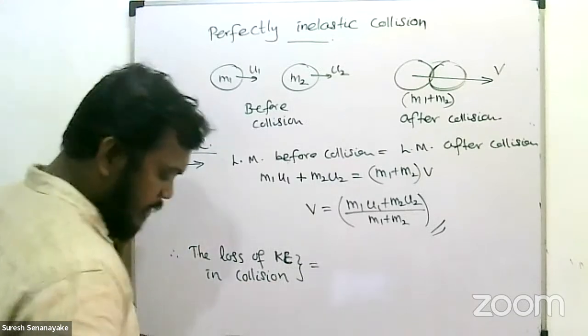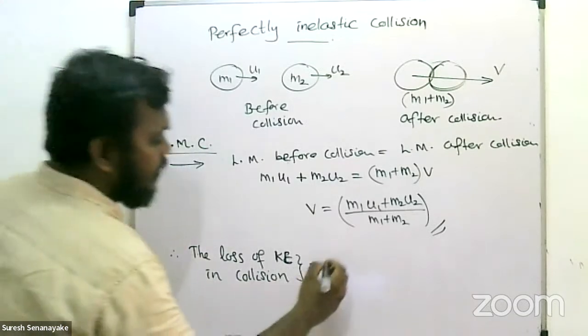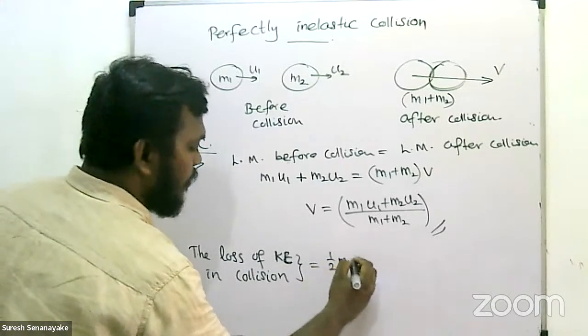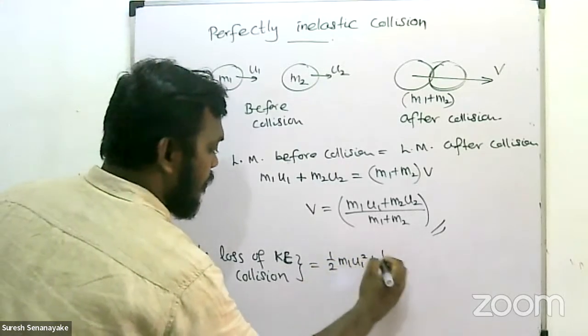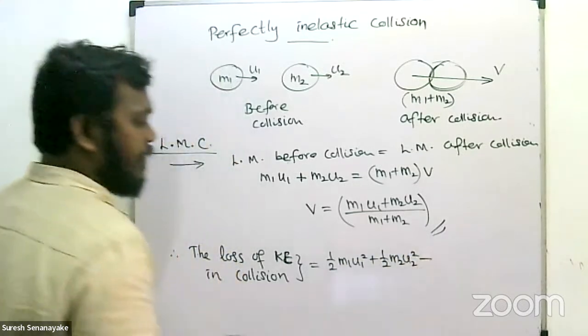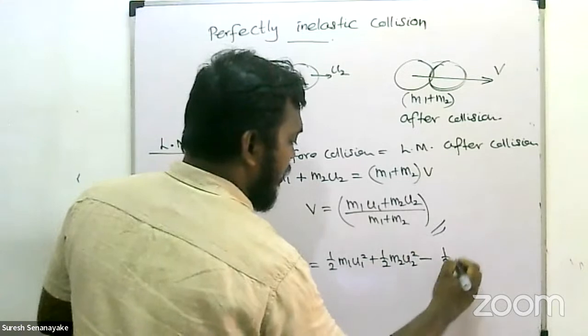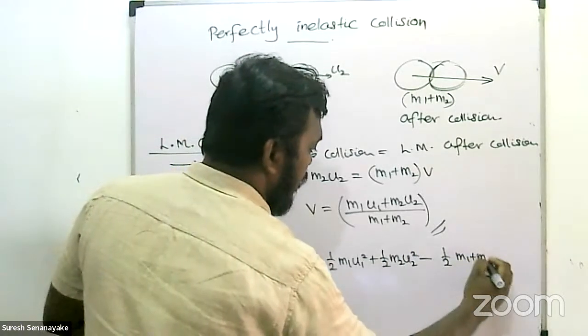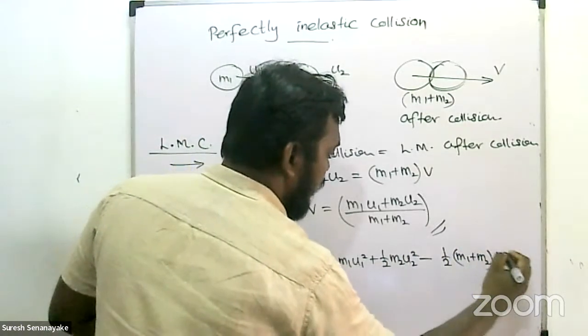You can write the kinetic energy before the collision is half m1 u1 square plus half m2 u2 square minus after the collision, that is half of m1 plus m2 times v square.